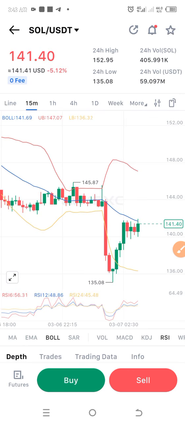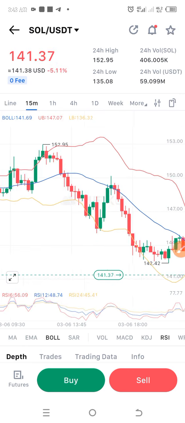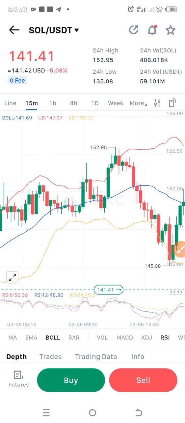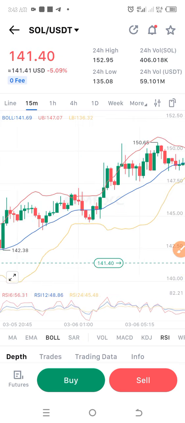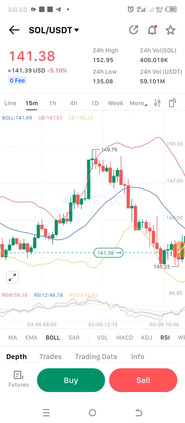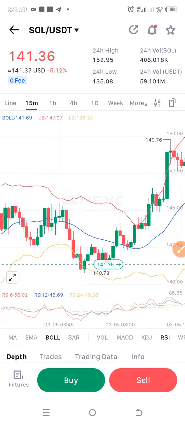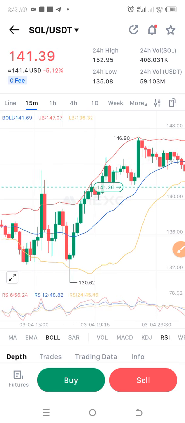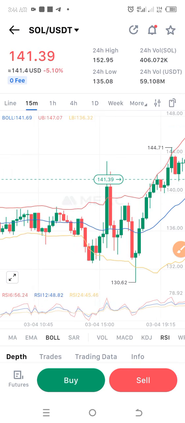If you look at your chart, go ahead and backtest it, and you will notice that anytime the candle is out of the Bollinger Band, there is a possibility for it to retrace back, and once it marks the highest or lowest low of the candle, there is a possibility for the candle to retrace back to make a high again or a low again.